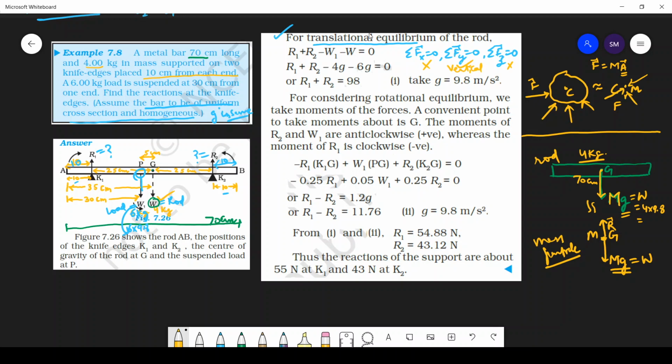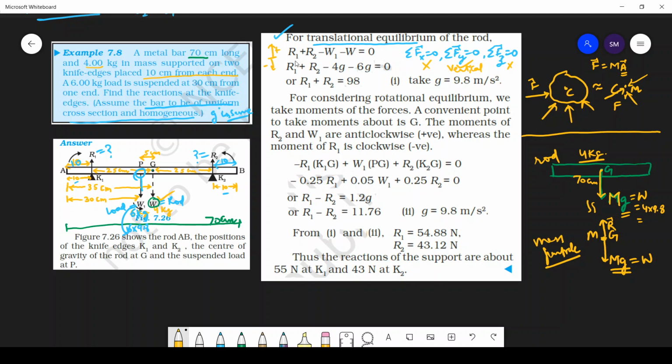So what are the forces? As the rod is in translation equilibrium, sigma Fy is equal to 0. Upward direction we take positive, and downward direction we take negative. What are the upward forces? Write the upward R1 and R2, reactions due to the knife.